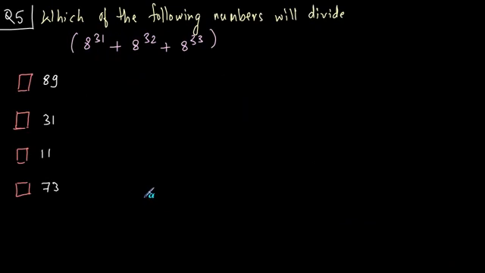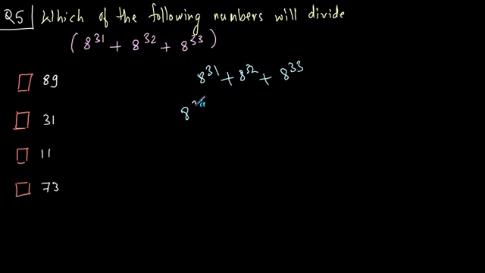Okay, now the fifth and the last question for this video. Which of the following numbers will divide this expression? So first we will have to evaluate this expression. Let me write the expression: 8 raised to 31 plus 8 raised to 32 plus 8 raised to 33. Now you can take out 8 raised to 31 as common from this expression.